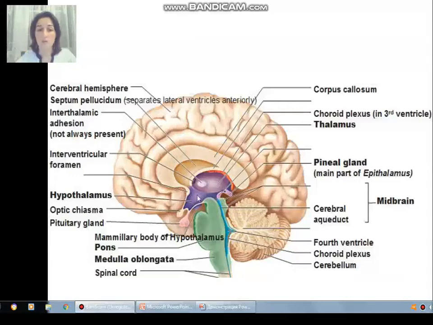Also, the hypothalamus sends its signals via production of hormones, and how the hormones are released into the blood circulation we will talk about later. For endocrine activity, we have to know that there are two parts of the hypothalamus: the anterior hypothalamus and the middle part of the hypothalamus.